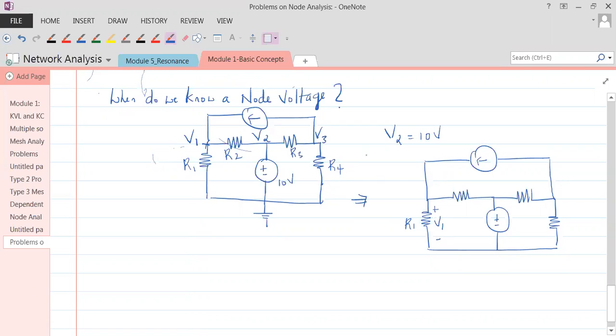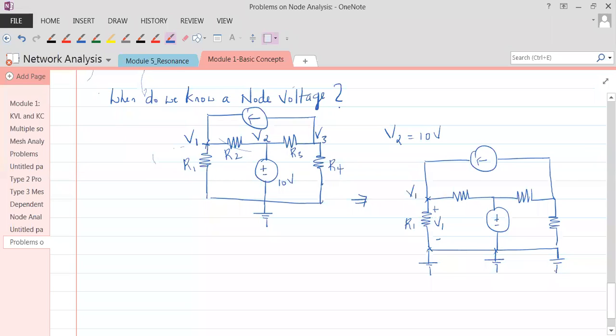If you have V1 here, this is the meaning of it: you have the drop between node 1 and ground. If this is a ground point, this is also a ground point, because it's the same line which is extended.